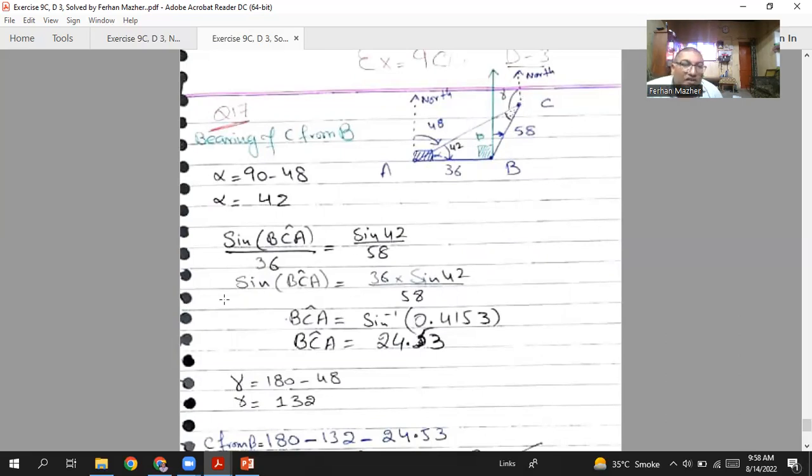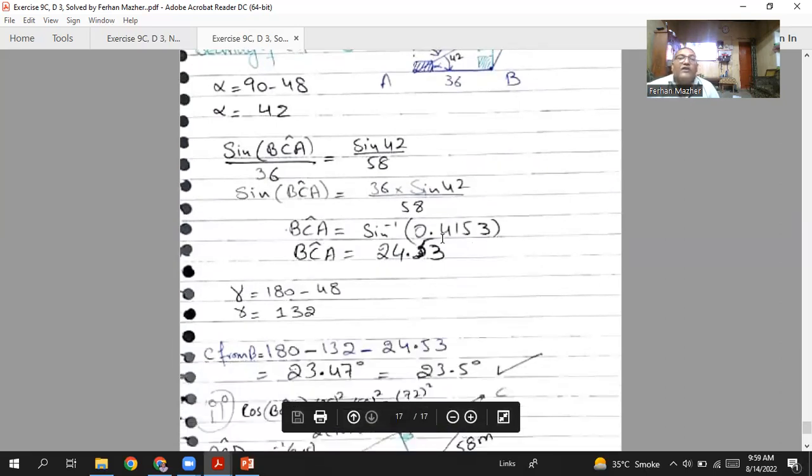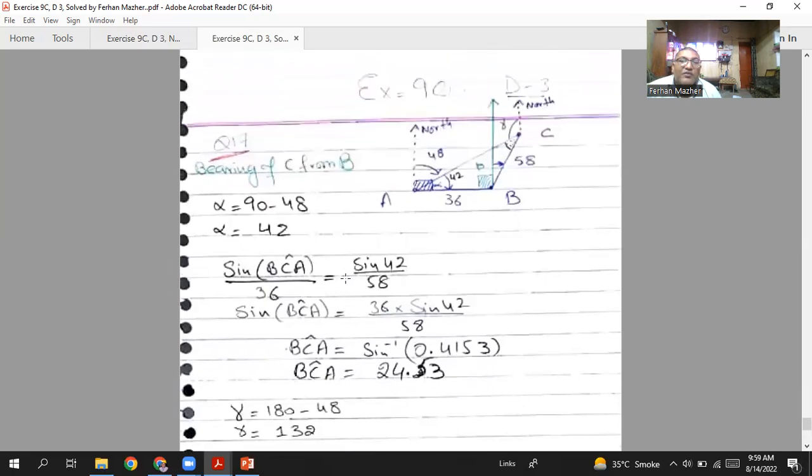So sine of BCA will be equal to 36 multiplied by sine 42 divided by 58. And BCA will be the sine inverse of 0.4153. So the angle BCA will be 24.53. So this small angle here, which I have shaded, is 24.53. So this angle here is 42.